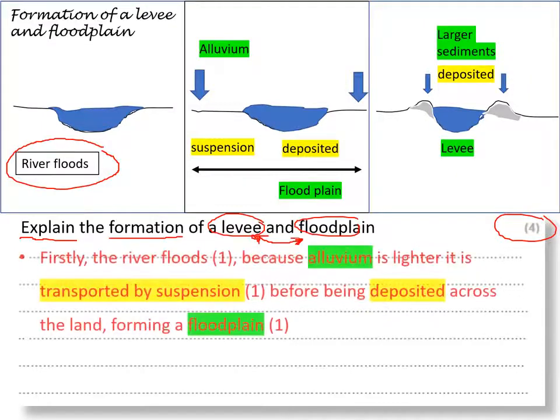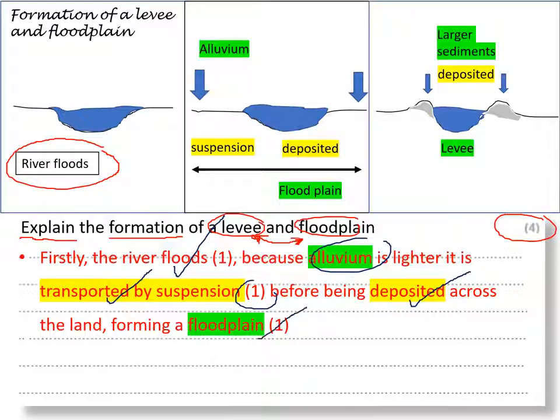Okay, answers here. So firstly, the river floods, like we said, tick. We've got it, and then we say because alluvium is lighter, it gets transported in suspension. The important bit, guys, alluvium gets transported, we get a mark for that, before being deposited across the land, forming a floodplain. There's a lot in there.